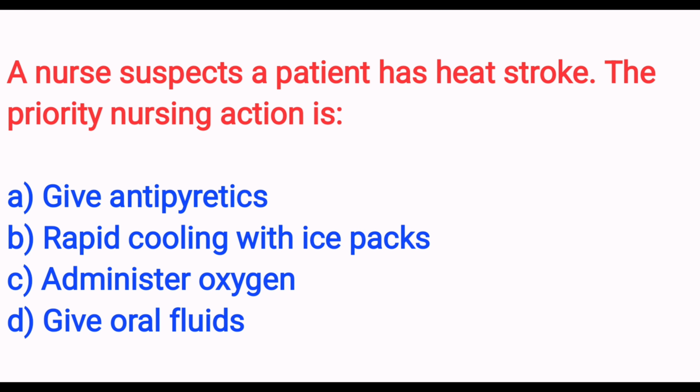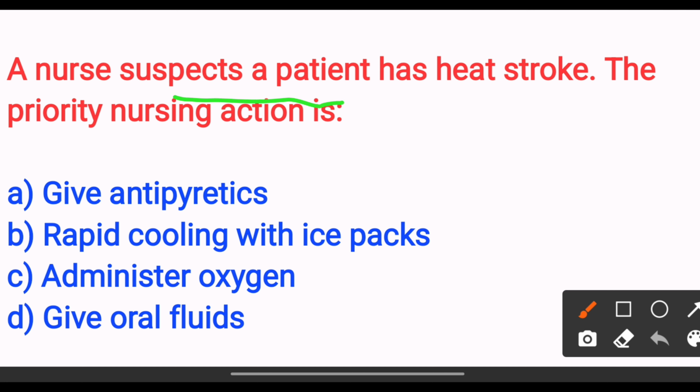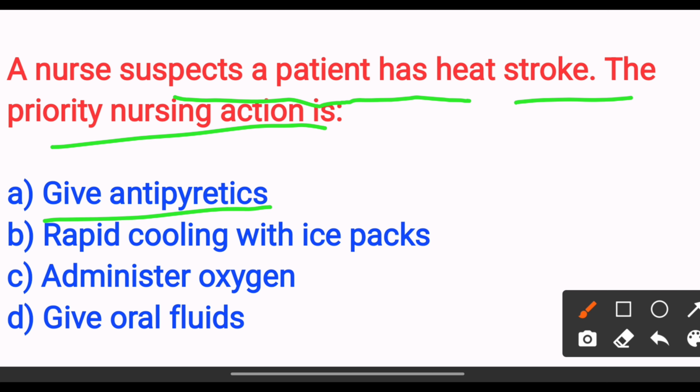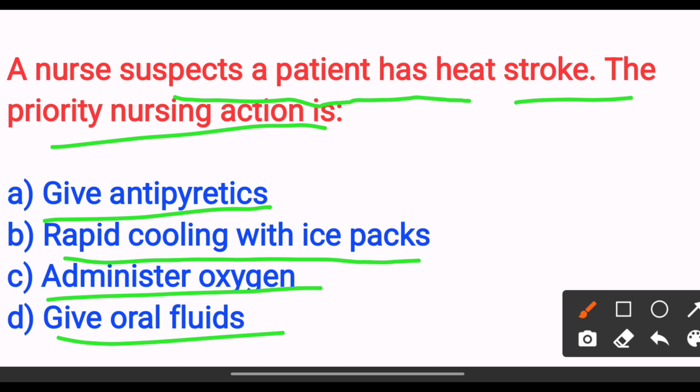Next, a nurse suspects a patient has heat stroke. The priority nursing action is option A, give antibiotics. Option B, rapid cooling with ice packs. Option C, administer oxygen. Option D, give oral fluids. The answer is option B, rapid cooling with ice packs.